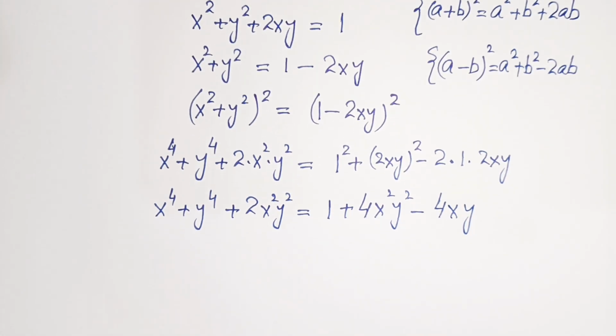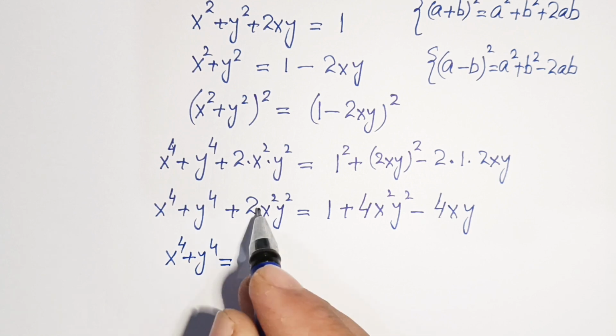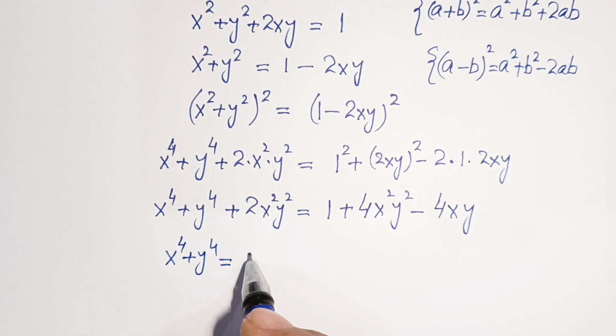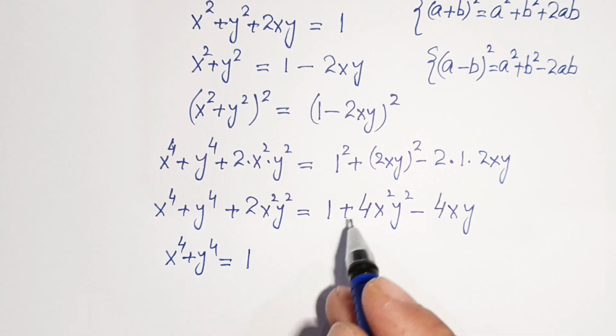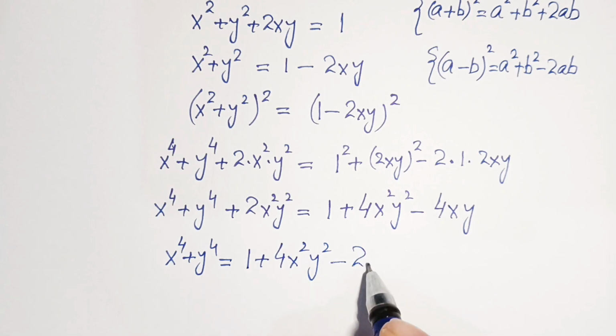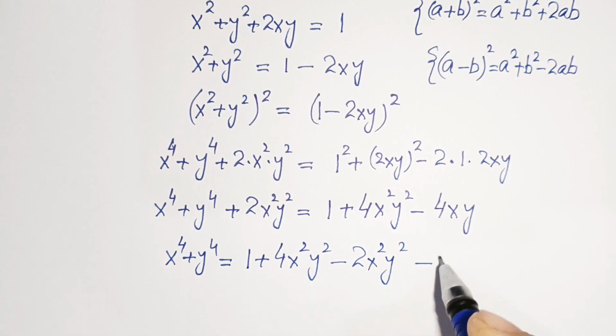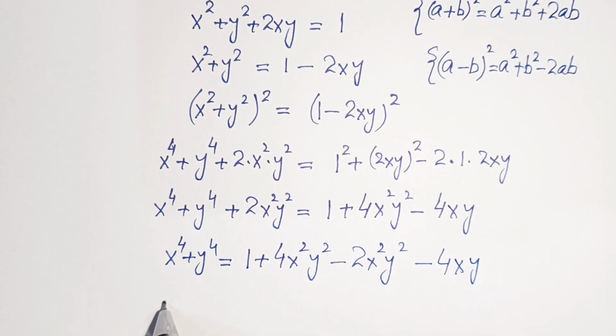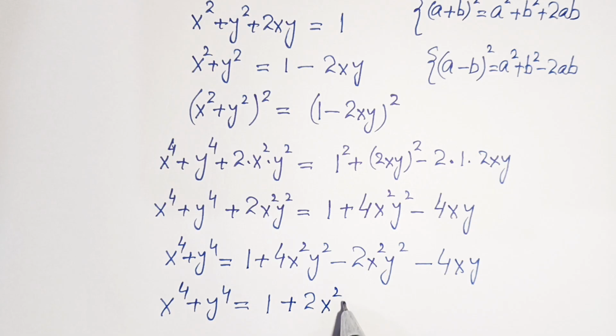Shifting this term to our right hand side, we have x to the power 4 plus y to the power 4 is equal to 1 plus 4x squared y squared minus 2x squared y squared minus 4xy. So we get 1 plus 2x squared y squared minus 4xy.